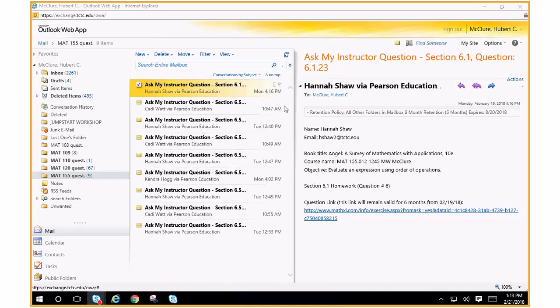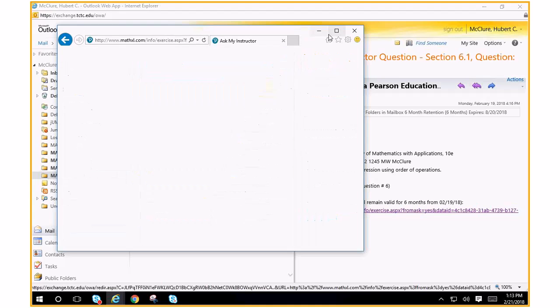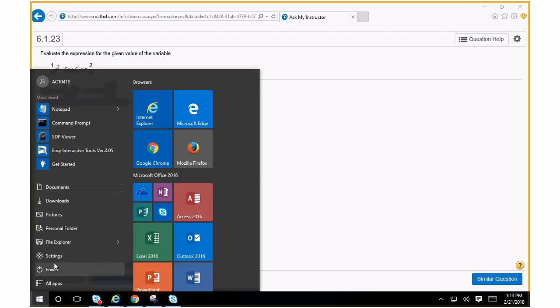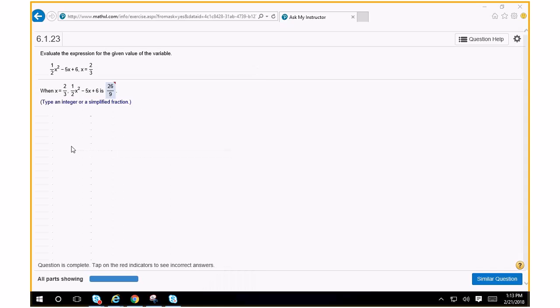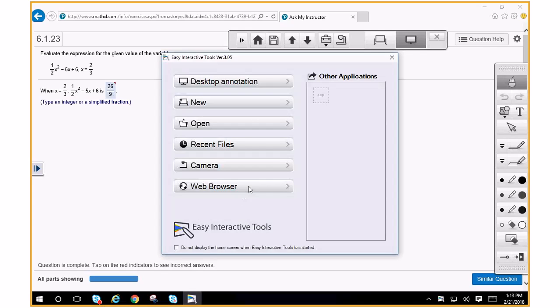All right, 6.123/6. Where's my whiteboard? There it is. Oh, we did that one. Didn't we do that one?